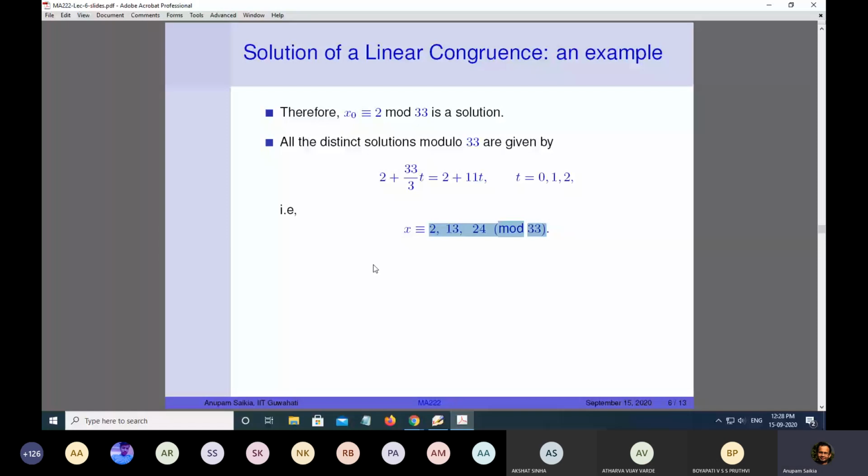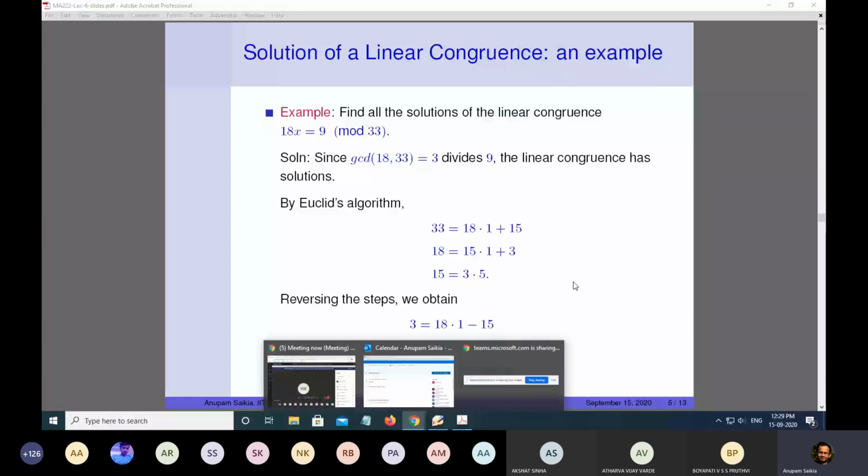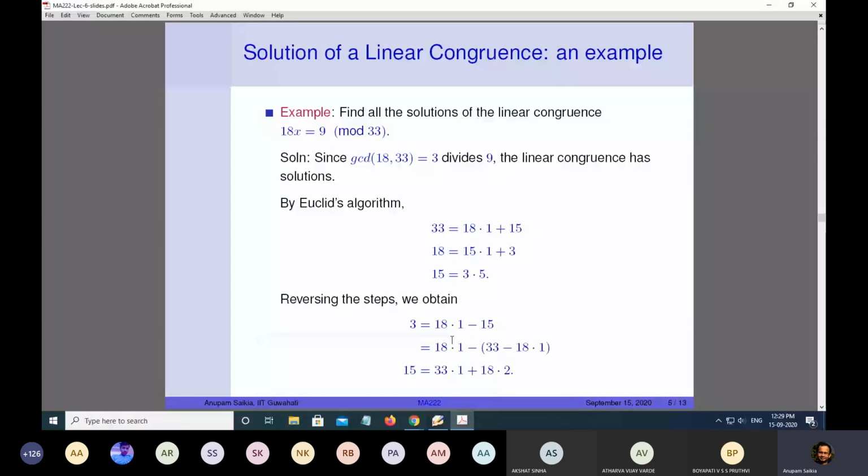My problem is that I forget to multiply. There was an error earlier, in one of the earlier classes, where I did not multiply, and some of you pointed out that I have to multiply at the end by the suitable multiple.